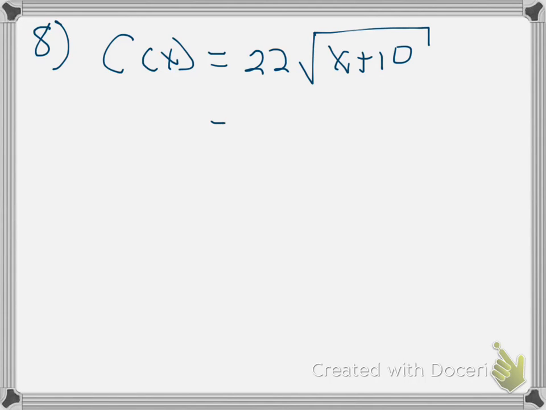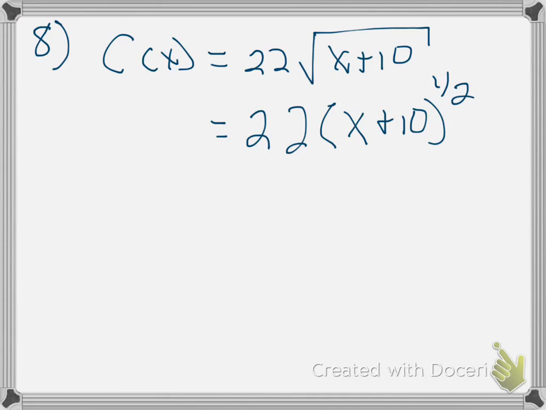That's the cost function for whatever we're making. I'm going to rewrite this as 22 times x plus 10 to the 1/2 power. Now, part A says define and interpret C of 90 and C prime of 90.